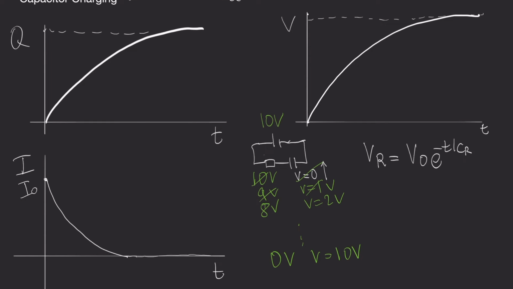If there is no voltage across here, there can't be any current. And we can see that the current in the circuit is steadily decreasing, and this is expressed in this graph over here, which is for the current in this circuit.